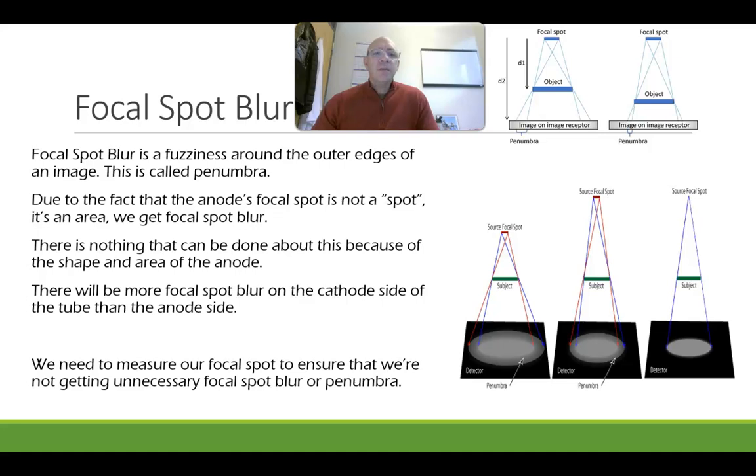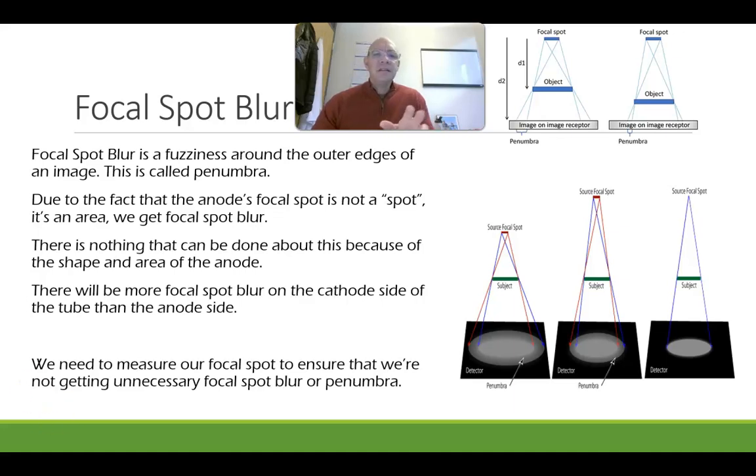Now we get focal spot blur usually on the edges of an image, and if there's any fuzziness to it, we call that penumbra. And I can quickly show you this if you're in class. I probably showed the example of me just using the flashlight on my phone and creating a shadow, and as I had more and more OID, you could start to see the image become a little more fuzzy rather than a clear, distinct shape of the shadow of my hand.